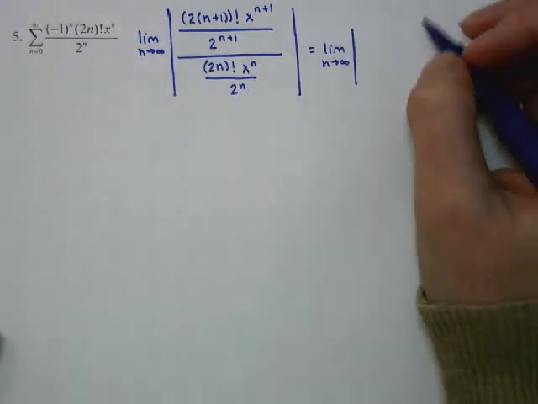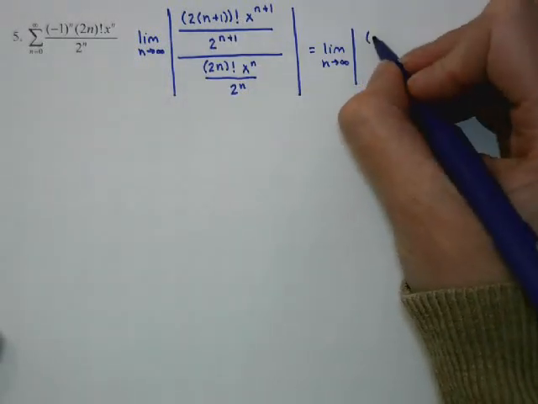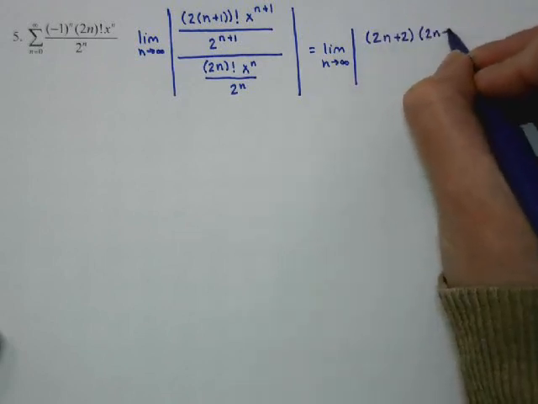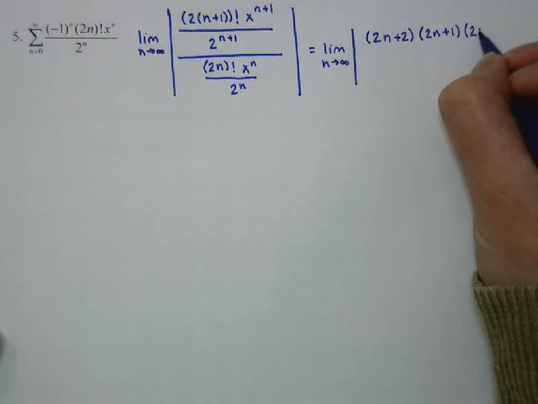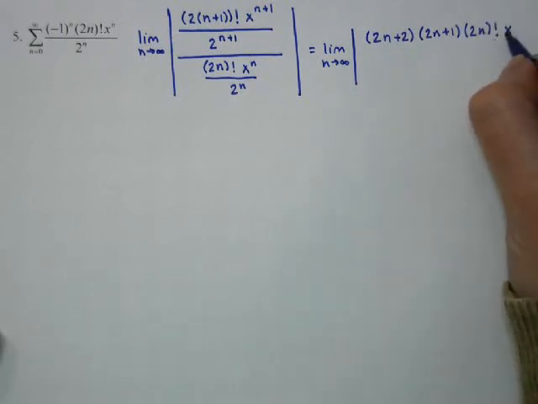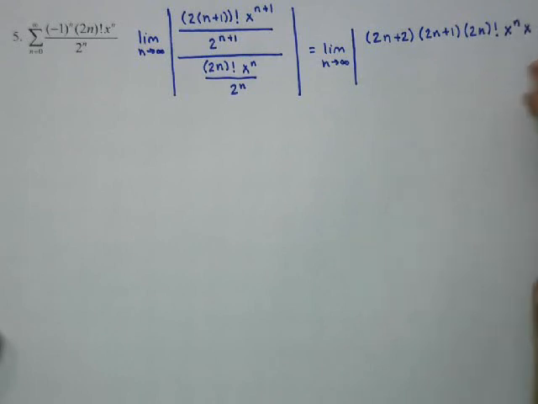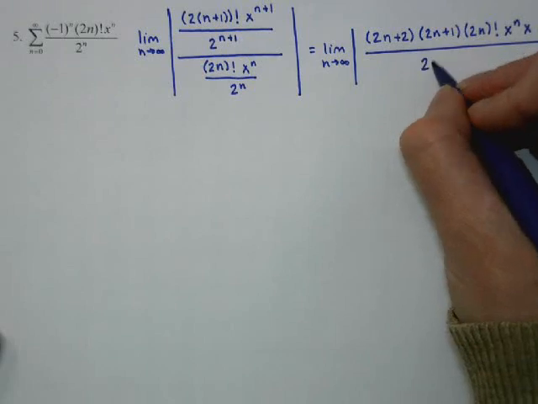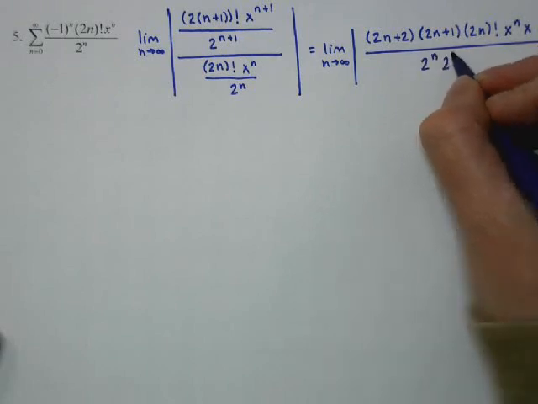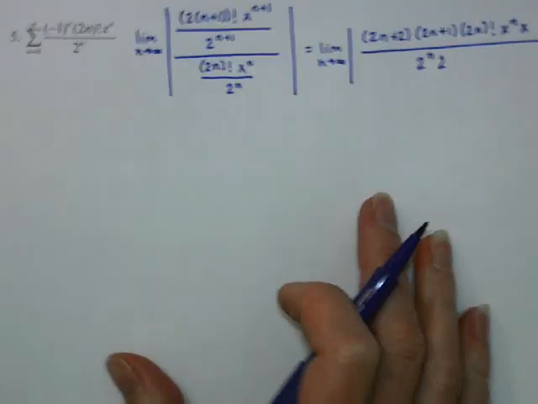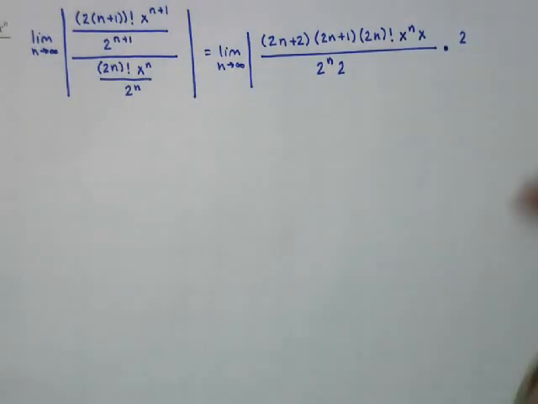So in the top, this is again that 2n plus 2 factorial. So we're going to have 2n plus 2 times 2n plus 1 times 2n factorial, x to the n times x to the 1, 2 to the n times 2 to the 1, and then multiply by the reciprocal.